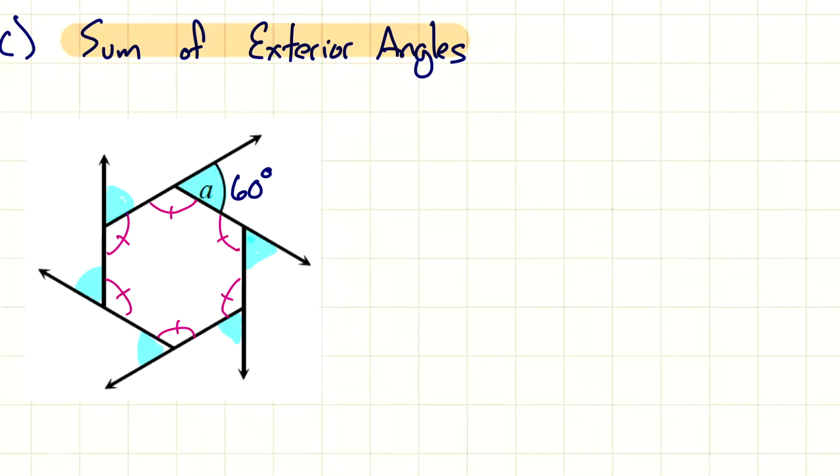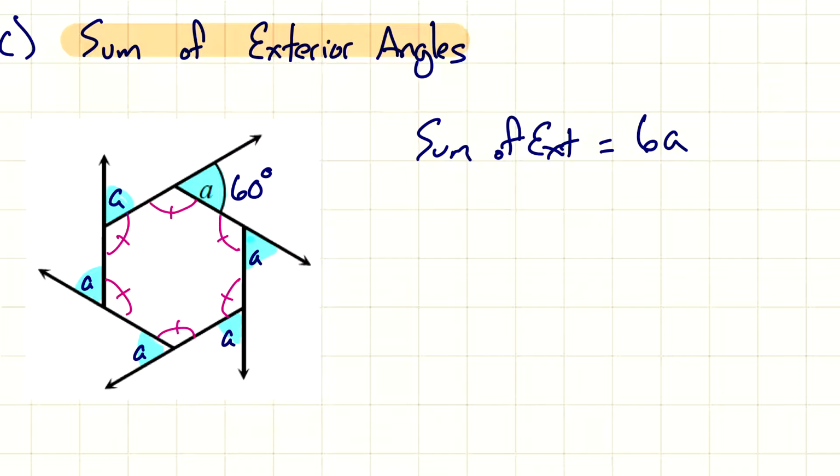So that means we're going to have... let me label this. So all these would be the same as A. So that's the same as having 6 A's. So the sum of the exterior equals 6 times A here, right?